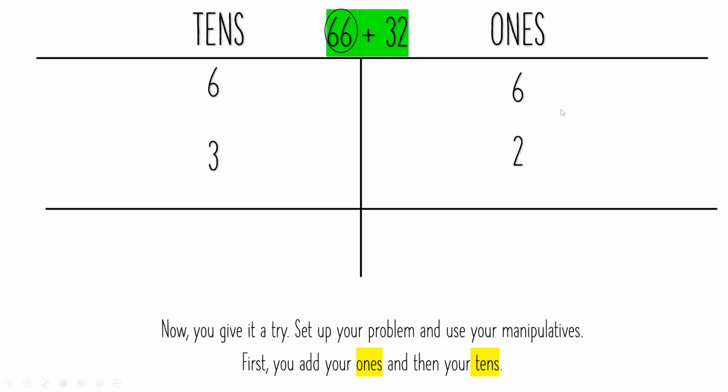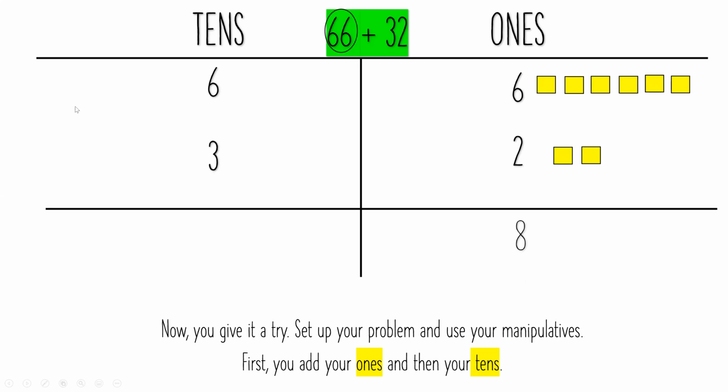Now we can use our manipulatives or counters. And now we're going to add our ones first. Let's count how many ones we have all together. 1, 2, 3, 4, 5, 6, 7, 8. 8 ones.